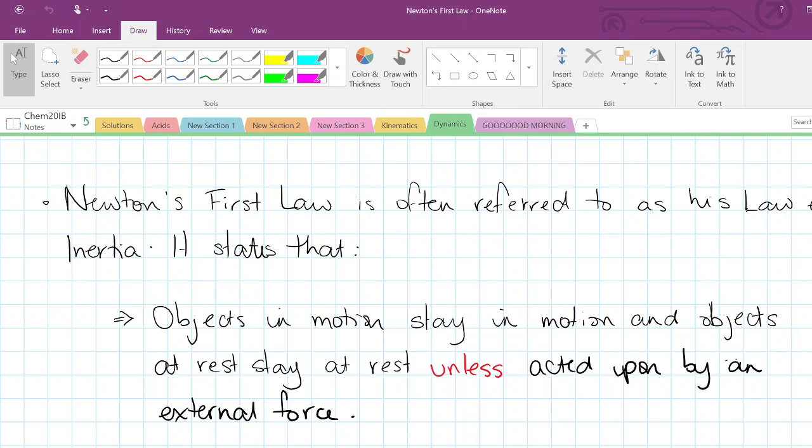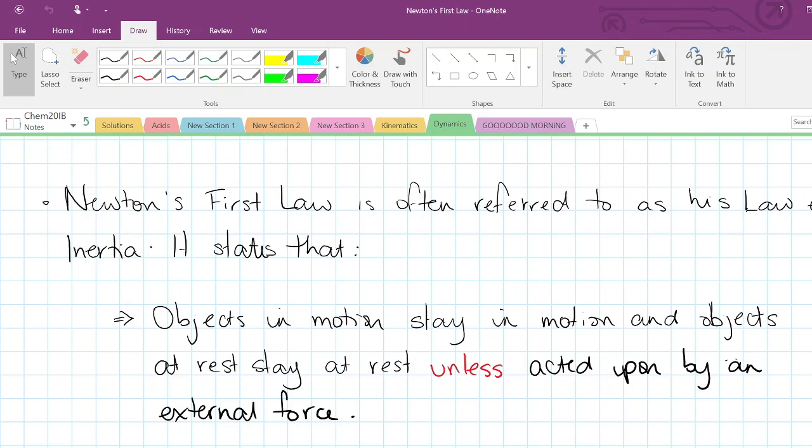So if the object is at rest, if we have a cup of water on the table, that cup of water will stay at rest unless someone comes and moves that cup of water. If we have an object sliding down an ice surface and there's no friction or anything like that, that object will continue to move, much like an air track.